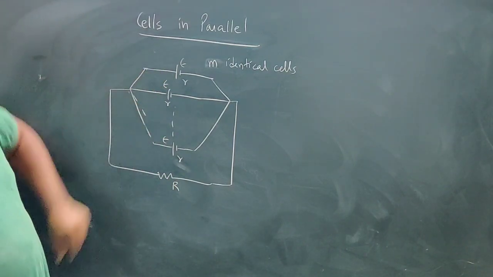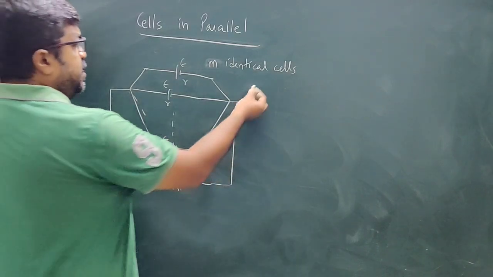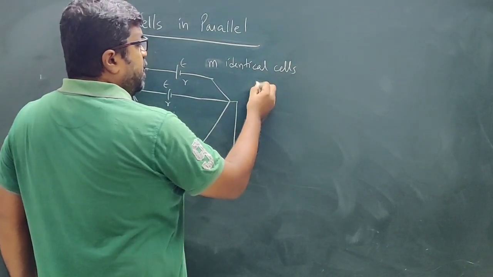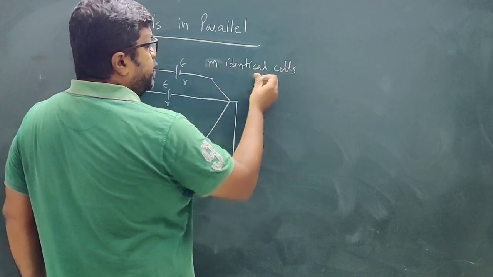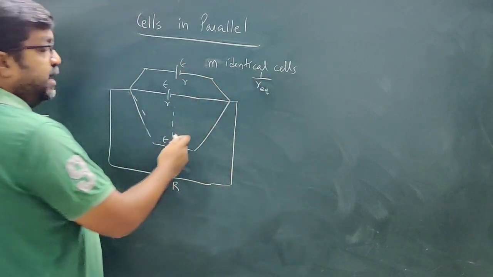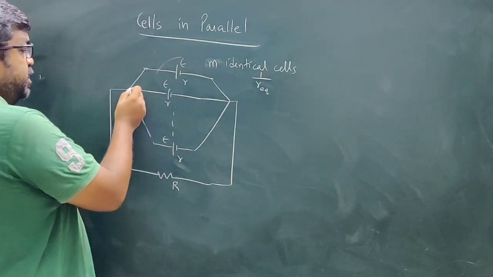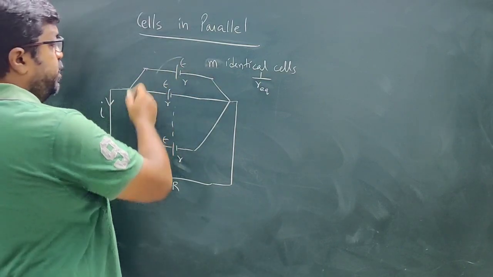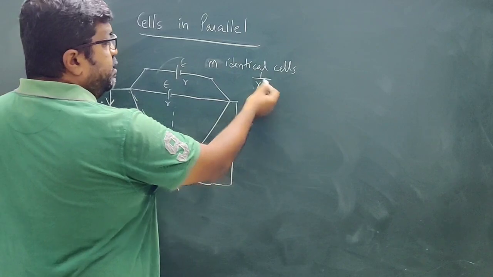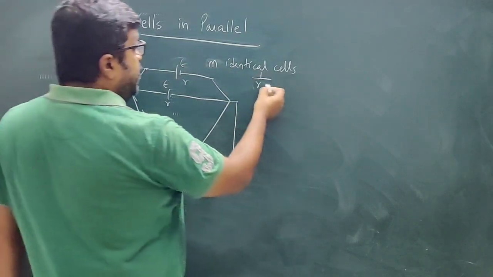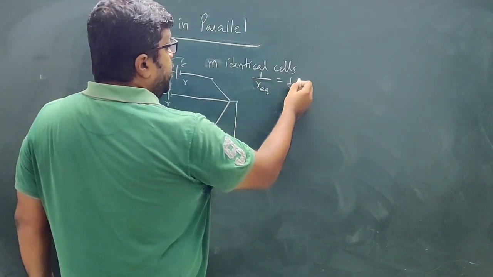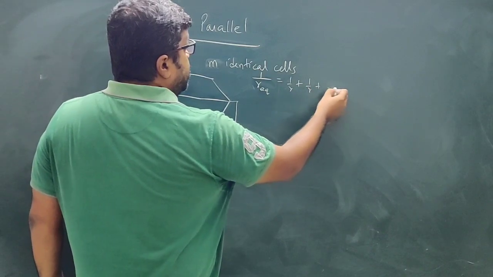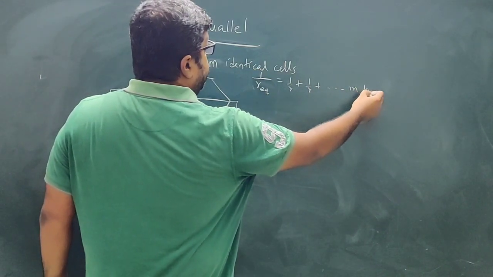So what will be the total internal resistance? These are in parallel. This combination is sending current I, and has an internal resistance R equivalent. So 1 by R equivalent is equal to 1 by R plus 1 by R, M times.